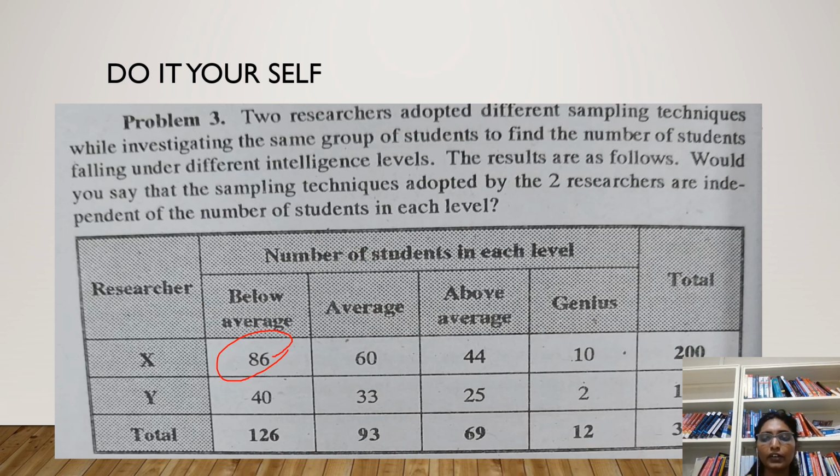And what is the degrees of freedom of this? 2 minus 1 into 4 minus 1. This 2 minus 1 is 1, and 4 minus 1 is 3. So 1 into 3 is 3. So you have to check at 3 degrees of freedom at a 5% level or 1% level, whatever it is, you have to check for yourself. Okay. Thank you.